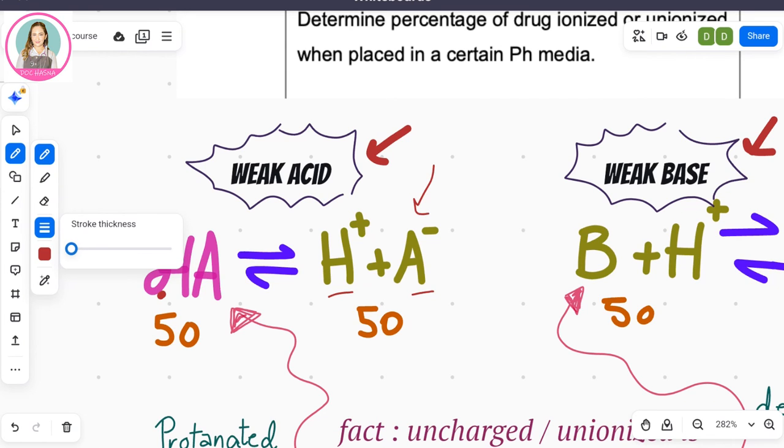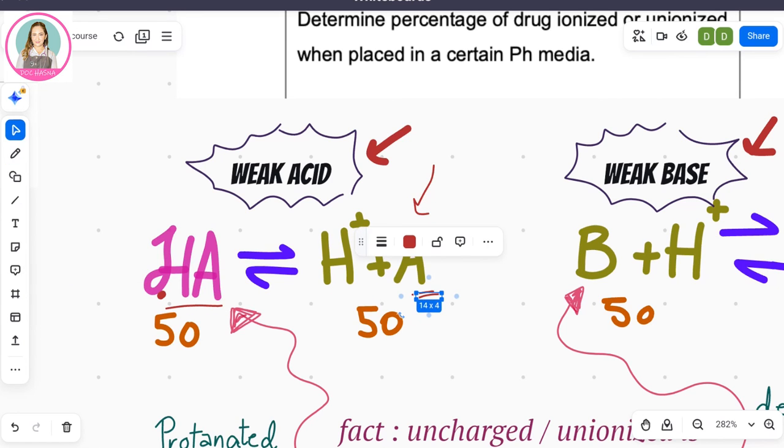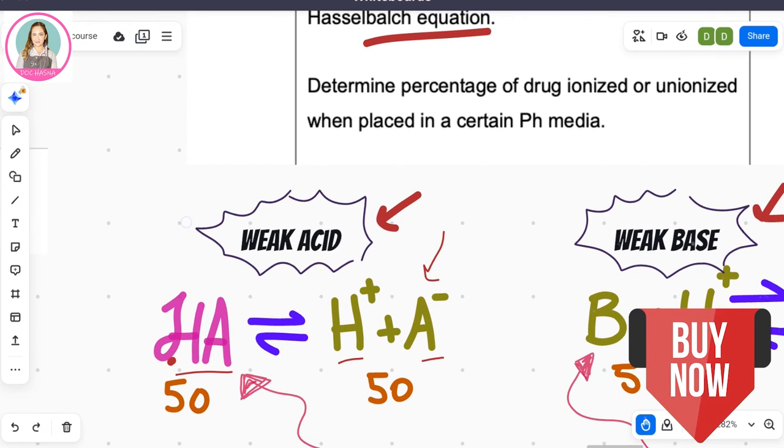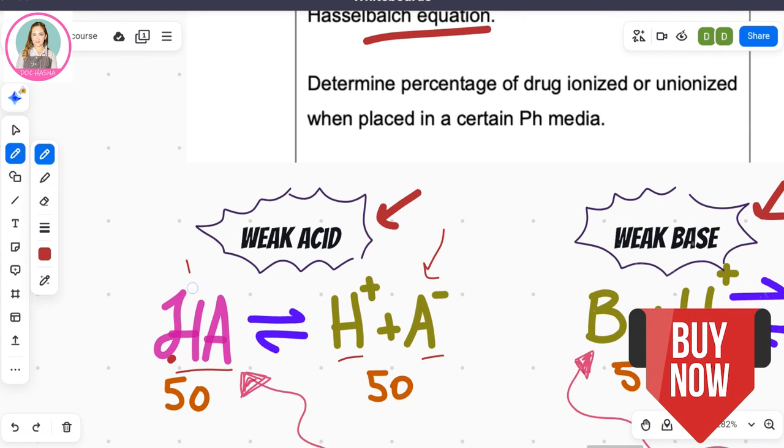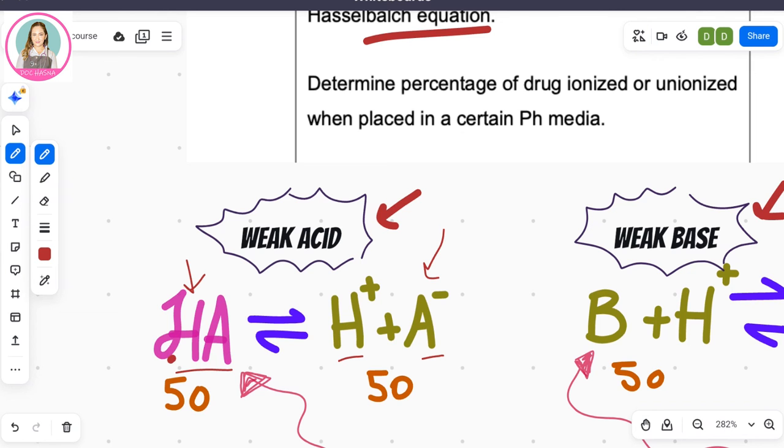But when it comes to a weak acid, it's 50-50. 50% this side of the equation exists, 50% the other side exists. My point is that in drug absorption, what matters is which is the uncharged form. We all know that HA is the uncharged form. It has no charge over it. So HA is the more absorbable form.